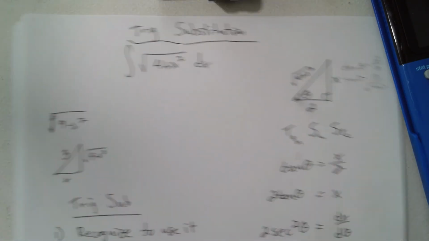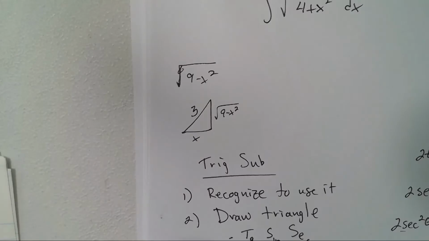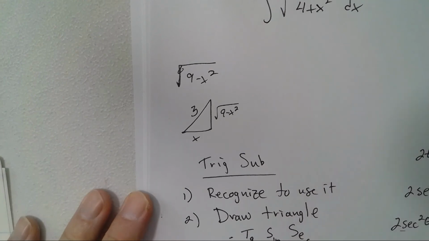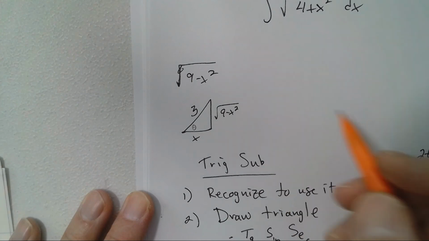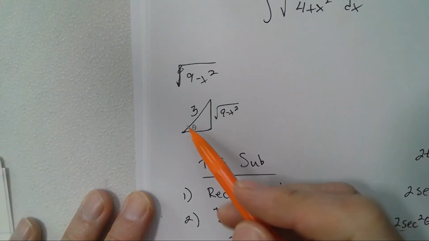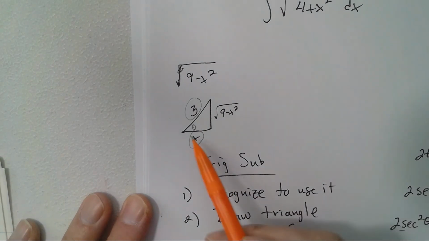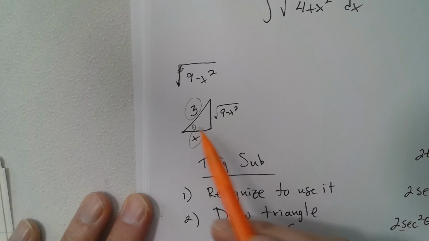So the one I defined right here, just as an example, I'll use pencil here. Remember, we're using tangent, sine, or secant. If I choose this as my theta, we want to only use these two sides. Those two sides would involve either secant or cosine. Well, secant's an option.